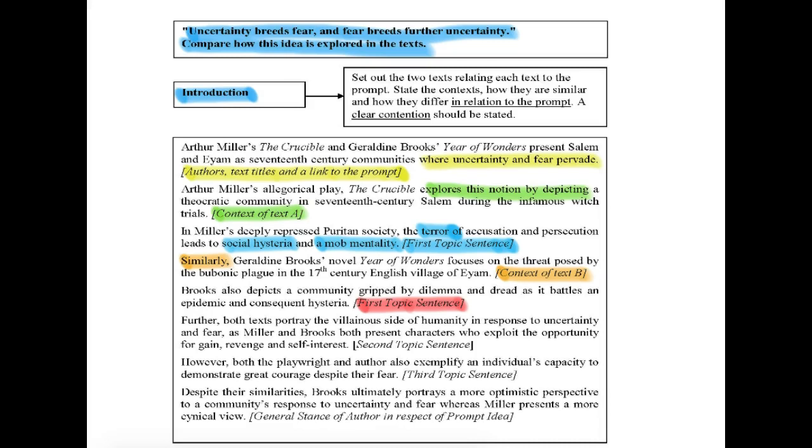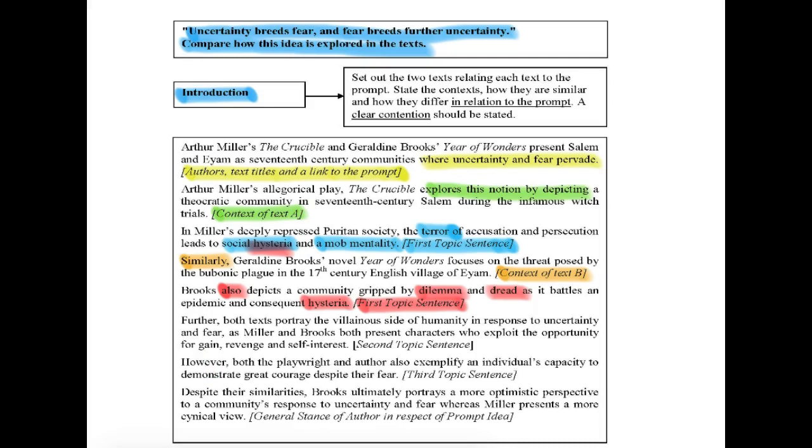Brooks also depicts a community gripped by dilemma and dread as it battles an epidemic and consequent hysteria. So here, dilemma and dread, two synonyms for uncertainty and fear, the synonyms which we wrote down. It battles an epidemic and consequent hysteria. So hysteria here is similar to social hysteria up here for the first topic sentence, which we're going to introduce.